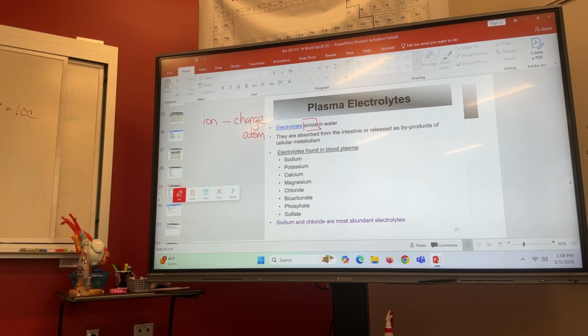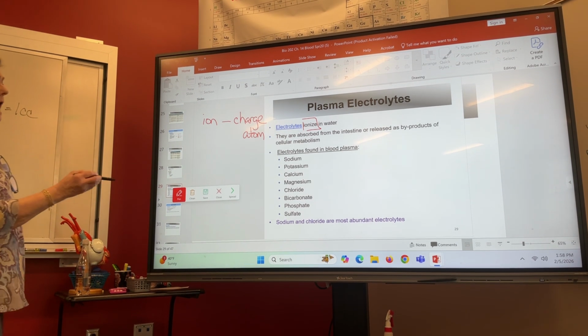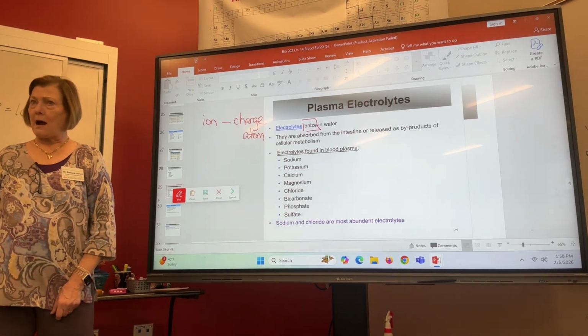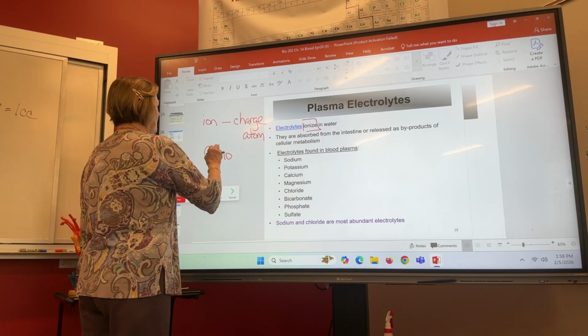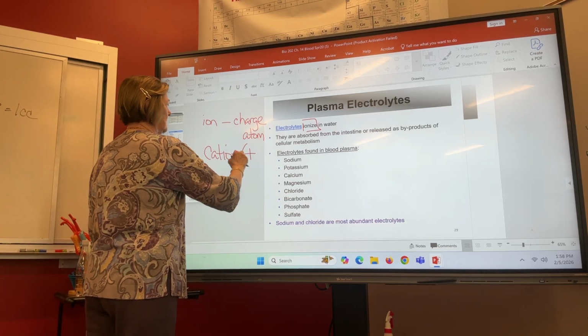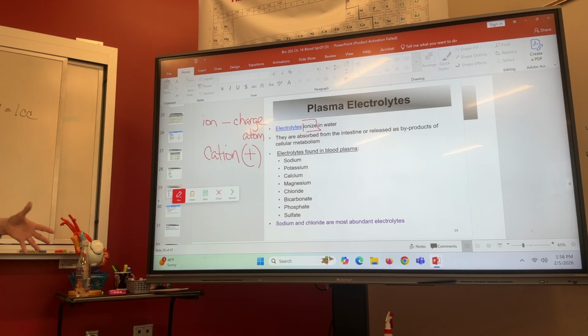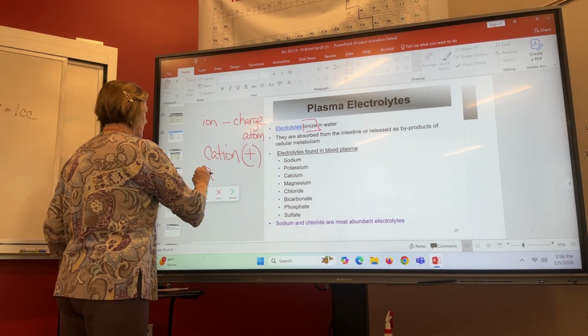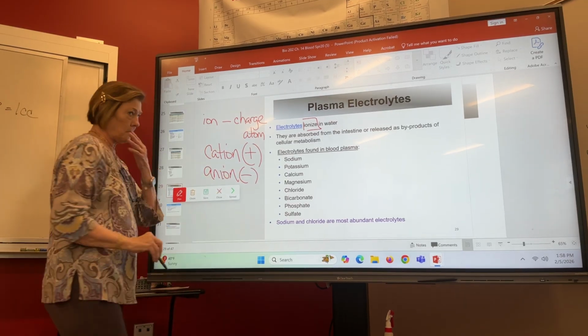Protons and electrons in atoms, neutral atoms, equal each other, so the positive and negative balance out. In electrolytes, they don't balance out. If they are positive, we're going to call them a cation. If they are negative, we're going to call them an anion.